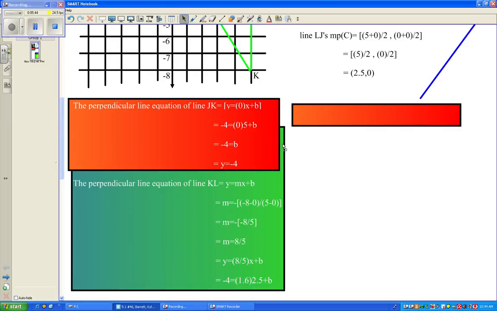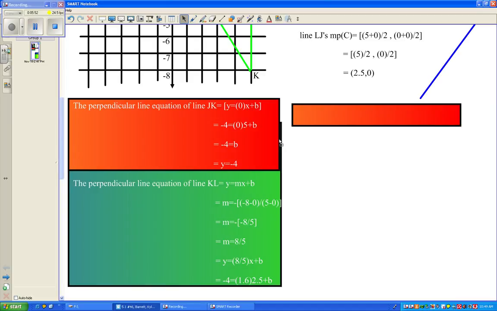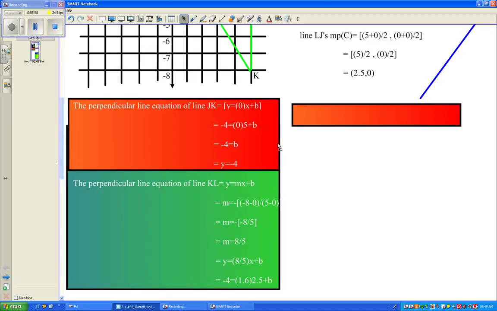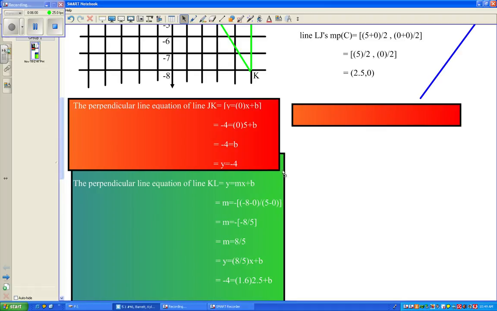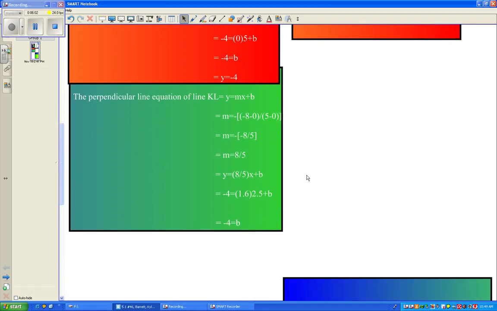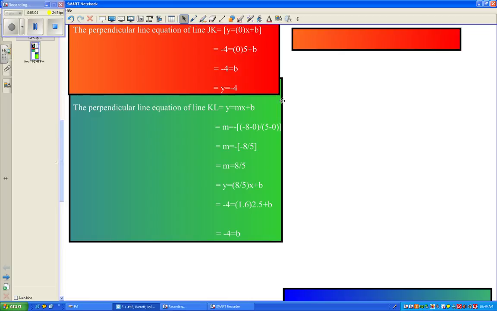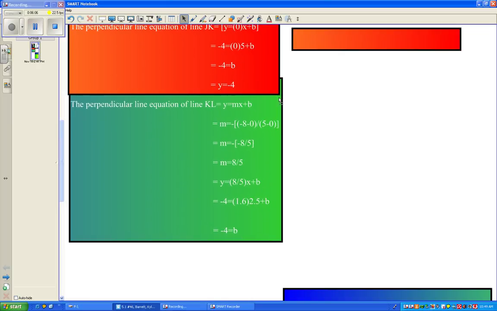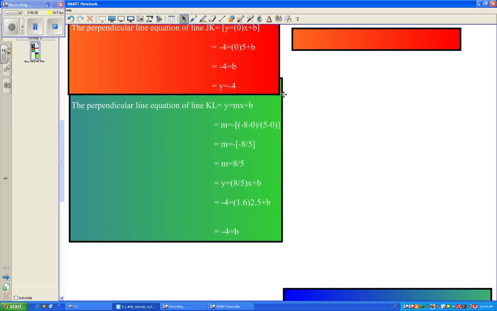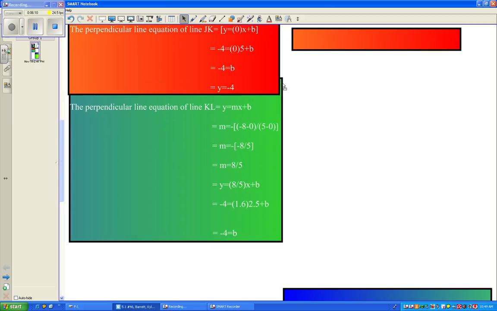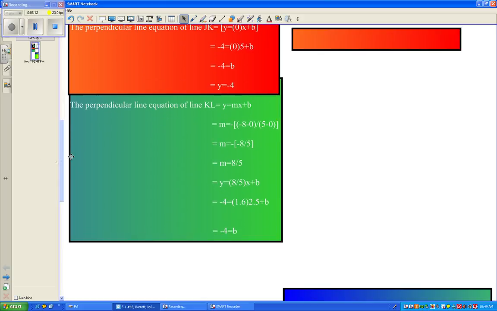So now we're going to solve for b by plugging in the midpoint, and that's negative 4 equals 1.6 times 2.5 plus b. Then if you simplify that, that becomes negative 4 equals b.